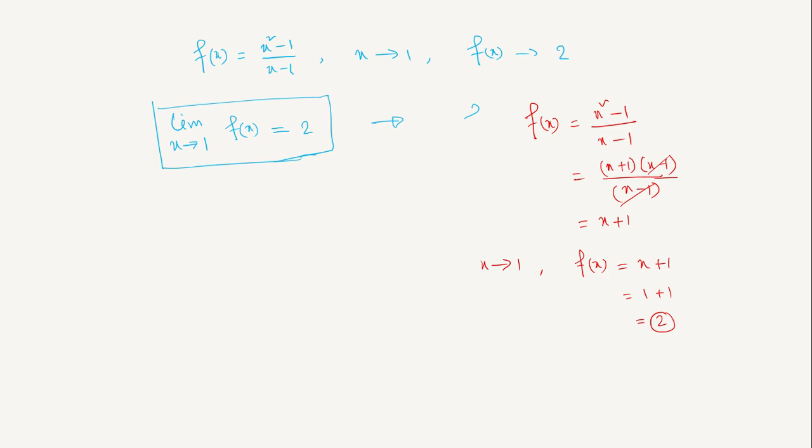Basically, this is the use of limit. And using limit, we can verify whether a given function is continuous or not for a certain range, or even for a certain point.